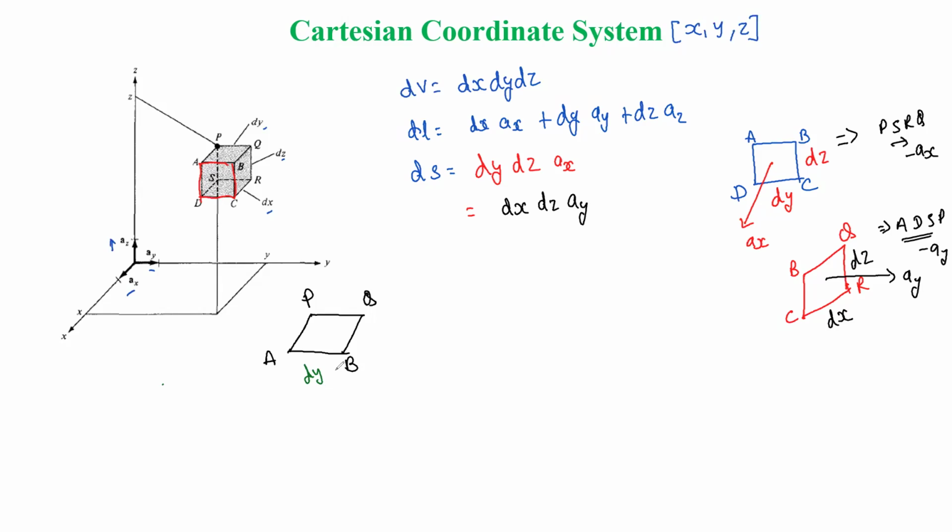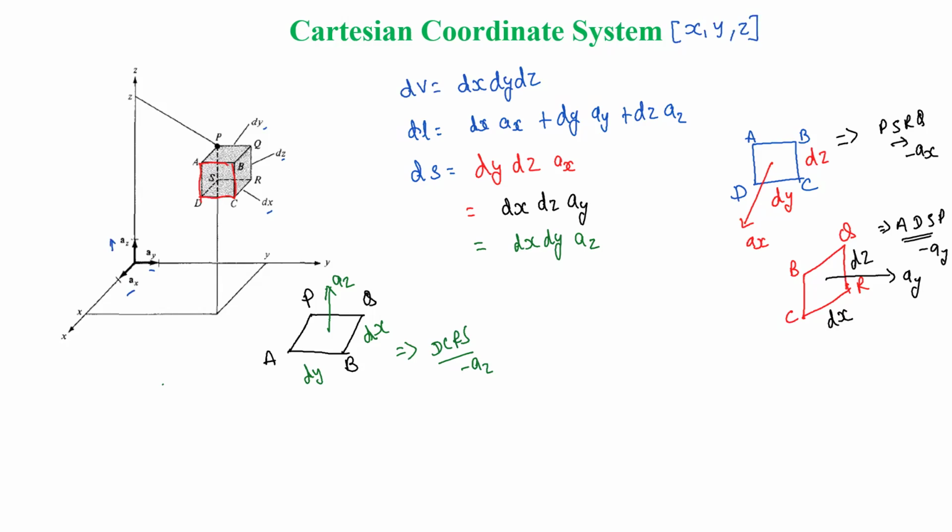And what is BQ? BQ is the same as dx. And the area vector that is normal to this is AZ. So finally here ds is dx dy, and the area vector is AZ. And the surface which is opposite to this, we have DCRS. For DCRS, the area will remain the same, but the area vector will become minus AZ.